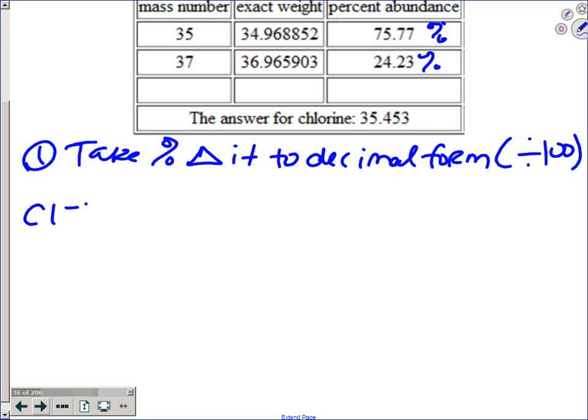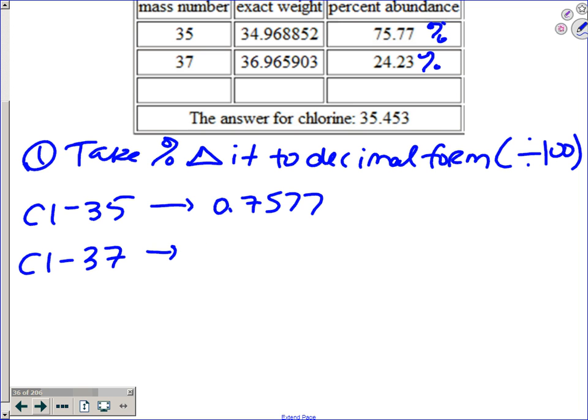So for chlorine 35, what is its percent as a decimal? Say again? 0.7577. And what's chlorine 37's percent as a decimal? 0.2423. Okay?